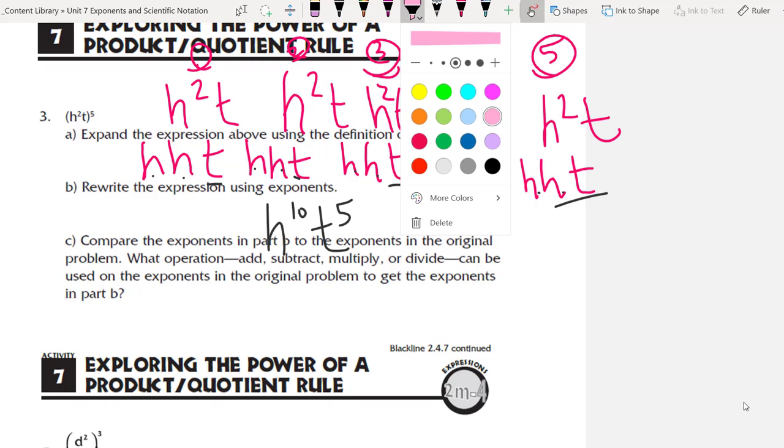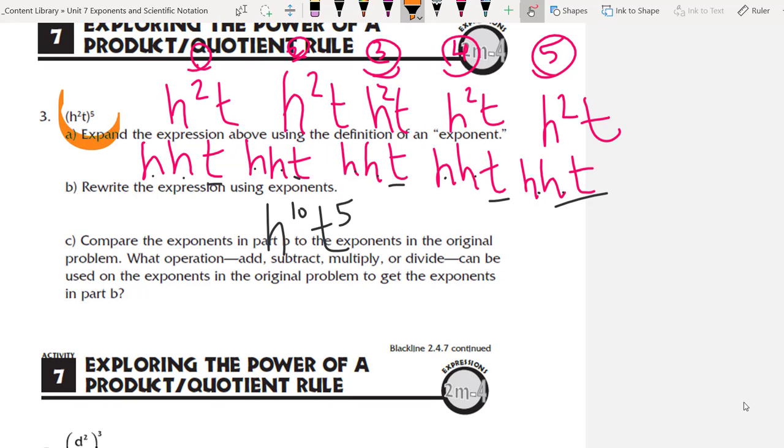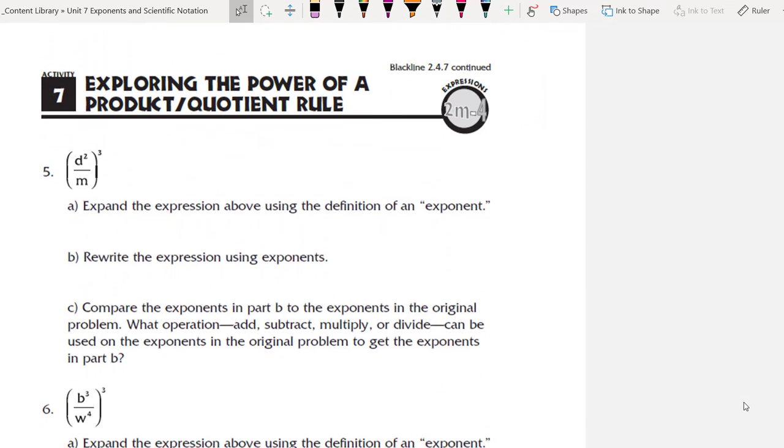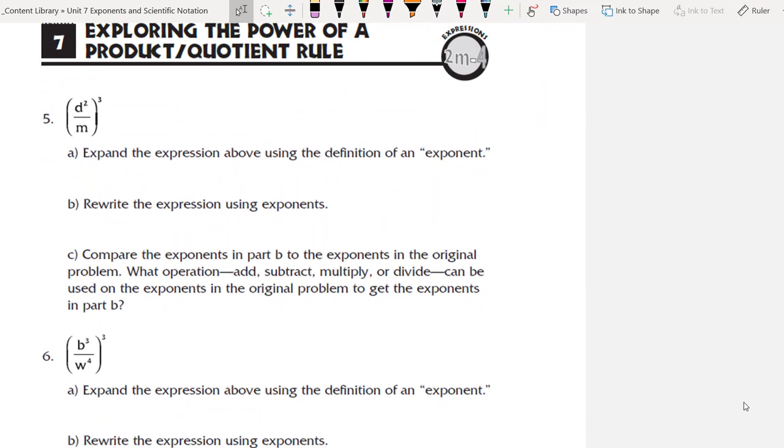So what operation did I use from the original problem here to get to my final simplest expression here? What did I do with those exponents? These next two, in case they pop up, I want to show you what they look like.